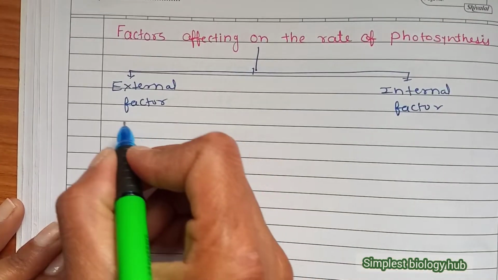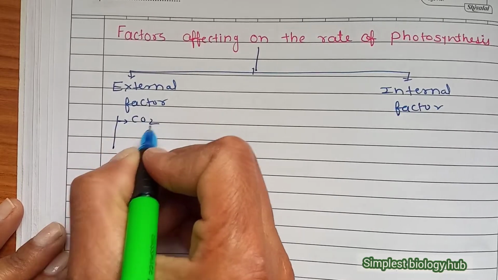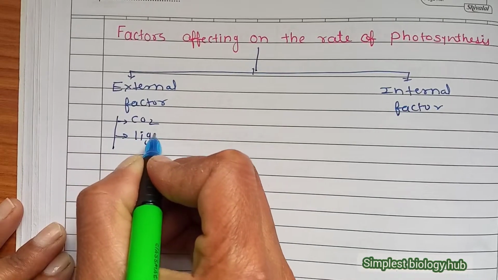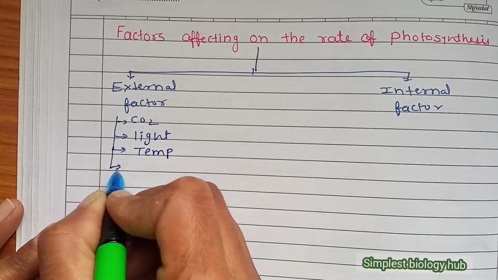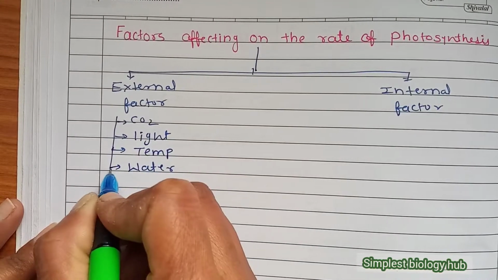The external factors are CO2, carbon dioxide, light, temperature, water, and oxygen.